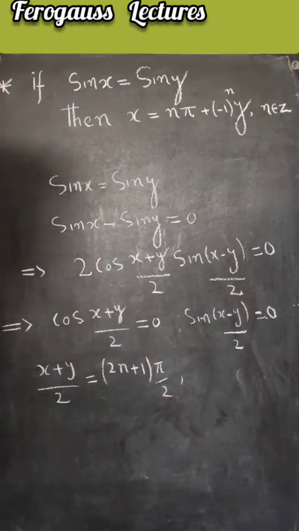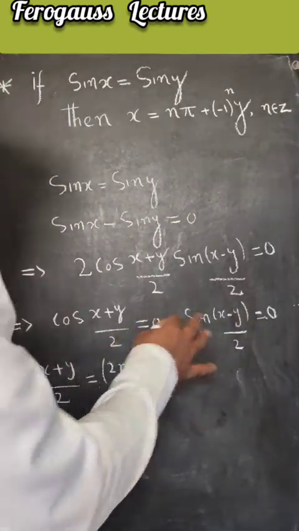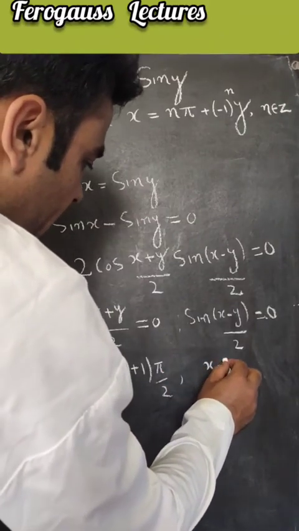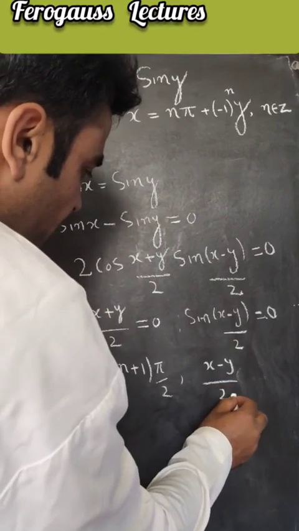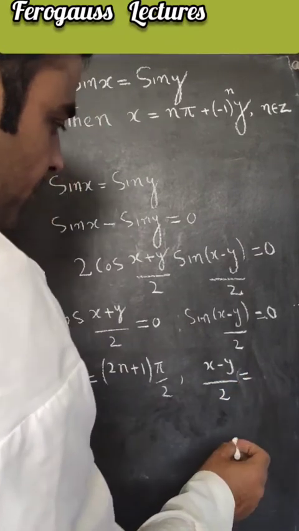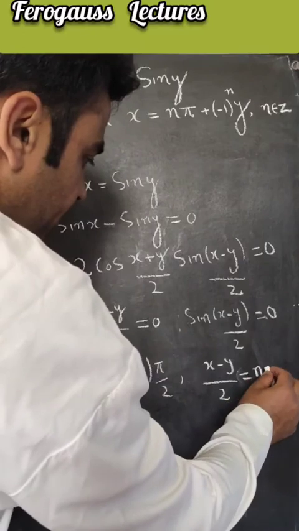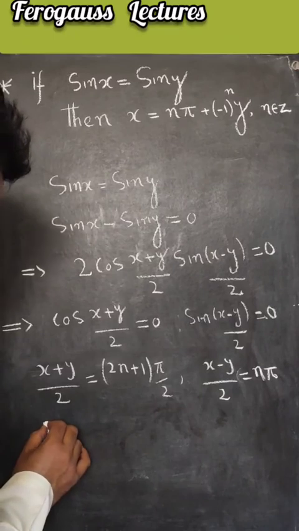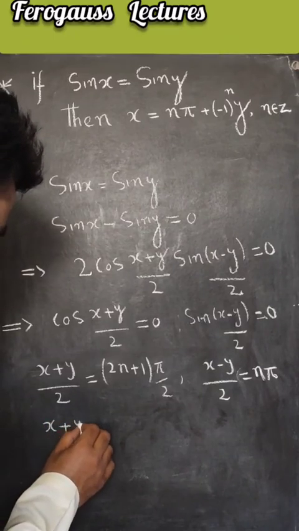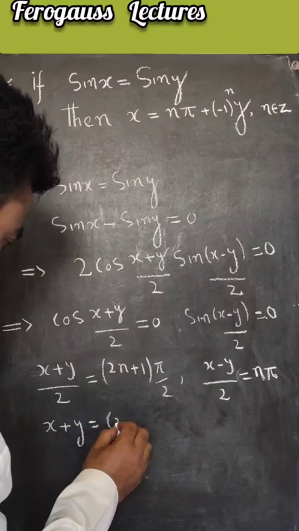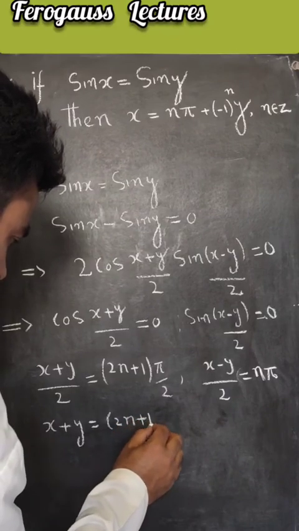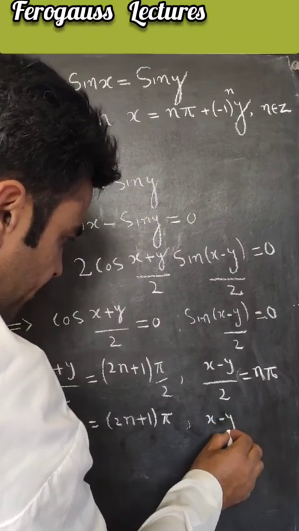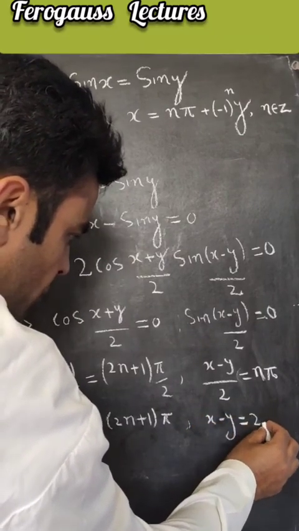Also, sine is 0 at integral multiple of pi, so we can write x minus y divided by 2 is equal to n pi, or x plus y is equal to 2n plus 1 pi, and x minus y is equal to 2n pi.